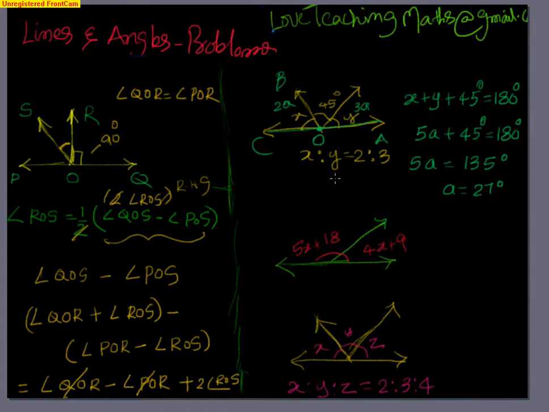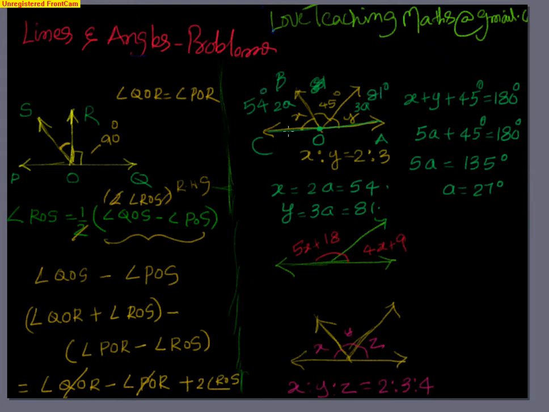If a equals 27 degrees, my x is equal to 2a, that's 54, and y is equal to 3a, that's 27 3s are 81. You can check them. This is 54 and this is 81. My total should be, pardon me, this is 81.